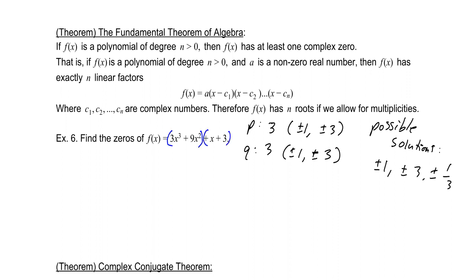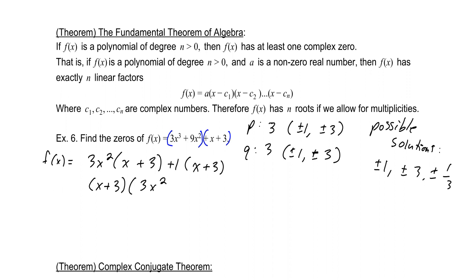Let's go ahead and factor that. So the first will be, you can factor a 3x squared, which leaves it with an x plus 3. Take out a 1 GCF, and this factors as x plus 3 times 3x squared plus 1.